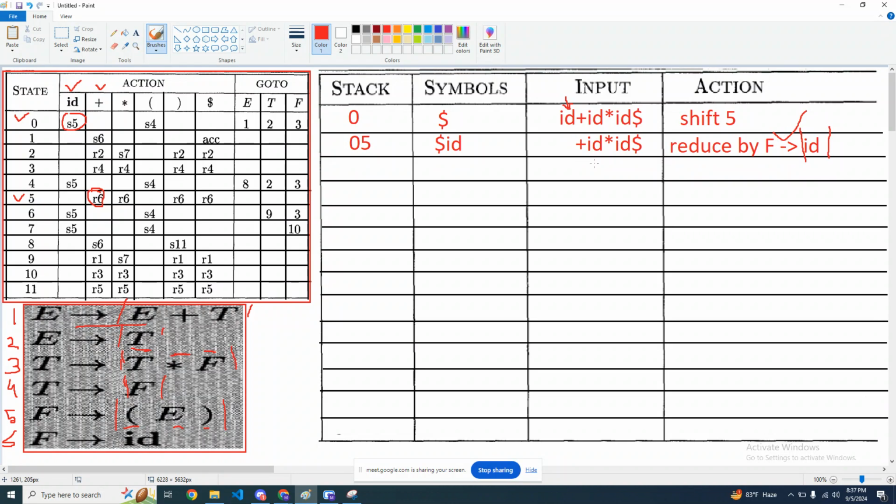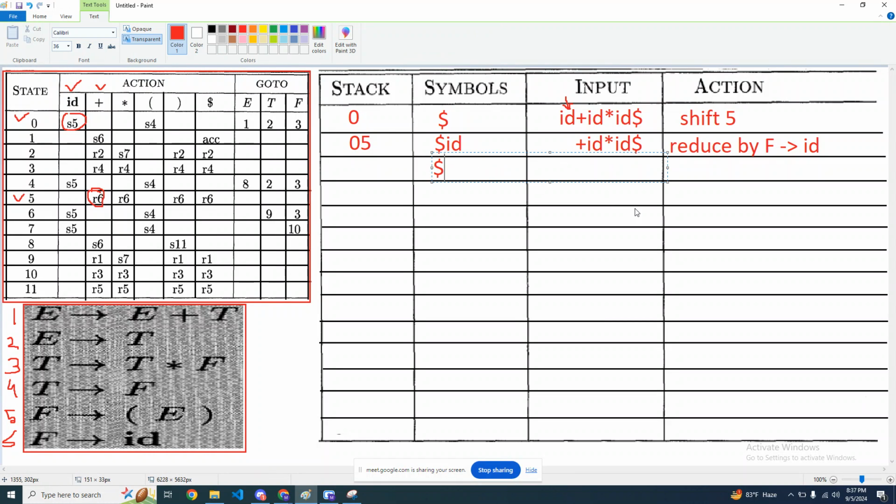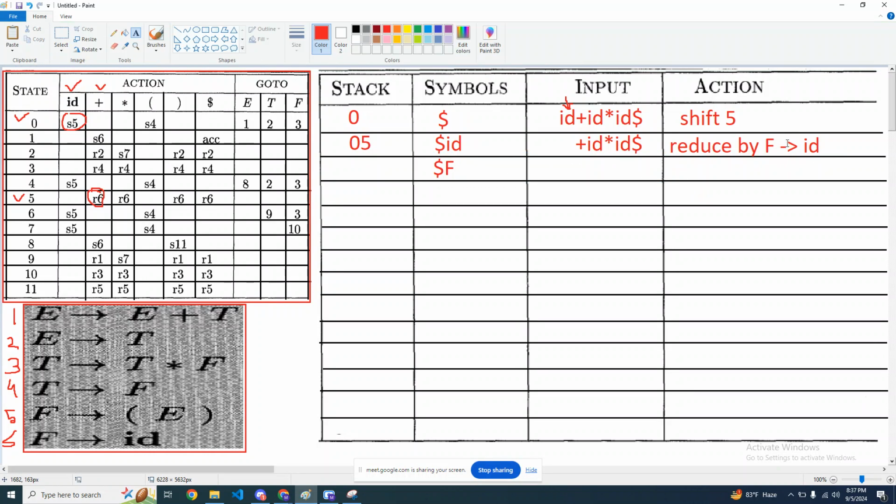But before that, this id is being reduced, right? It is being reduced by what? It is being reduced by this F, right? So we need to write F here, because this id is being reduced. Okay, that is fine. Now, as I said, what is the cardinality of this? 1. So we need to remove one value from the top of the stack.